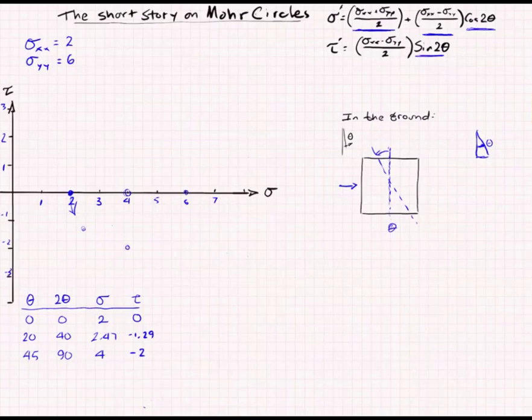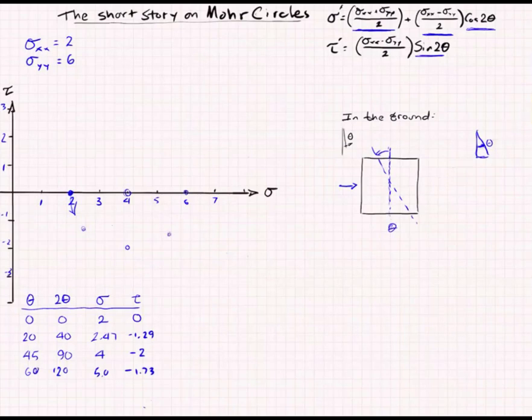And then continuing around the circle, if we go to, say, 60 degrees in the ground, that's 120 degrees on the Mohr circle, and the calculated values for that are 5 and minus 1.73. And that plots about here.